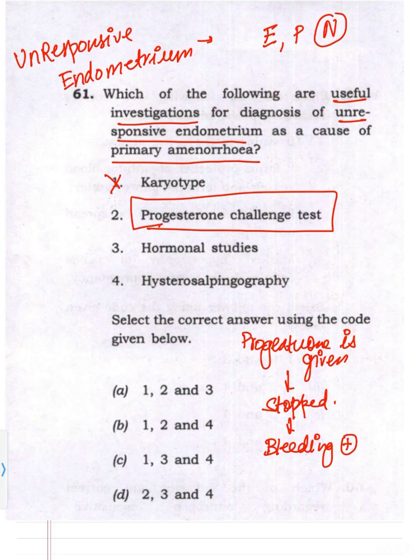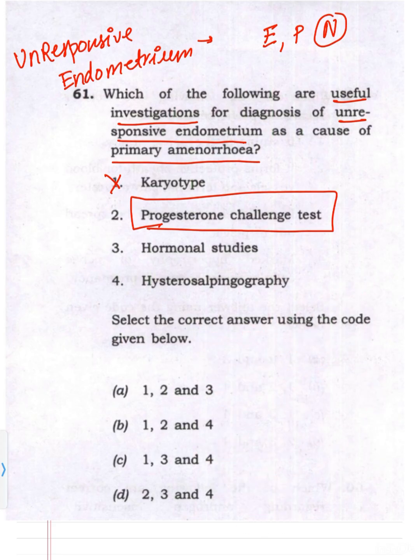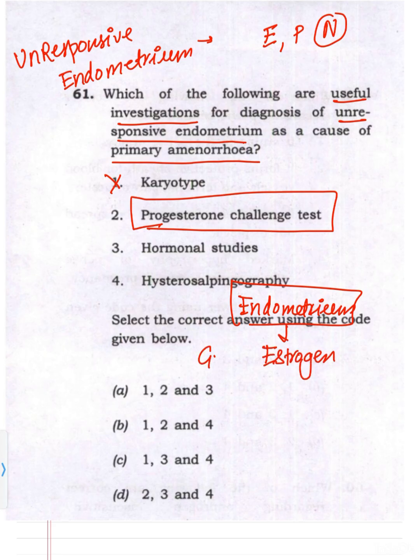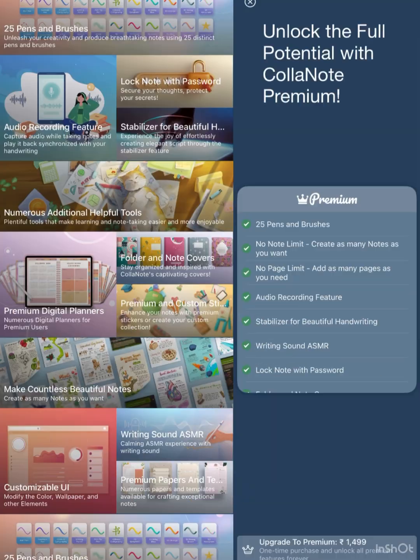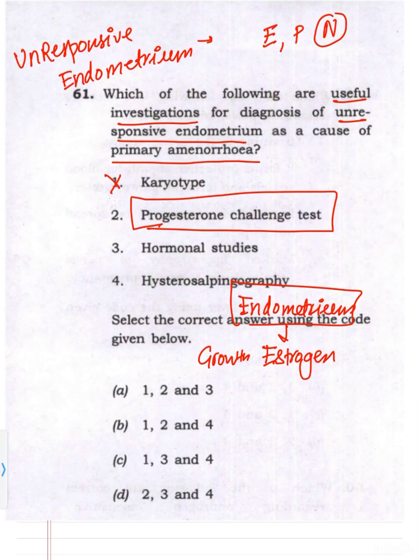So let us understand the principle of the progesterone challenge test. We know that for the growth of the endometrium, estrogen is important. And for its development, basically for the secretory changes, progesterone is required.